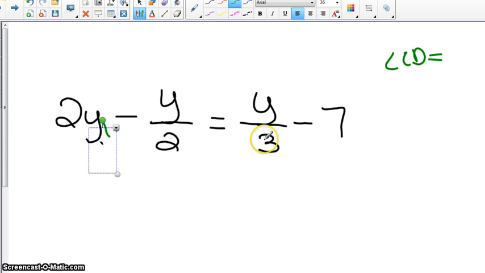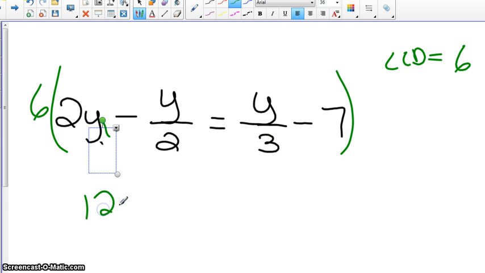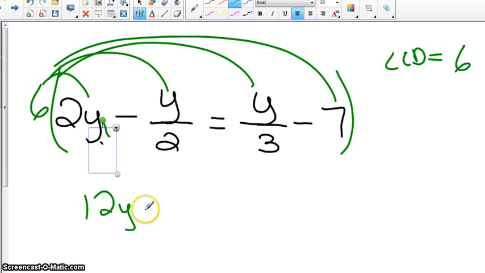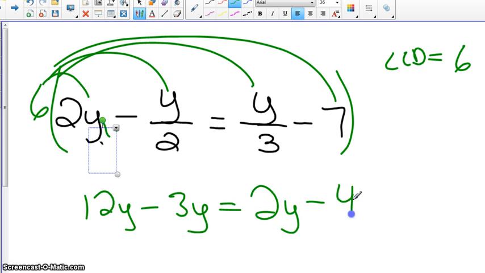And for 1, 3, 2, and 1, the LCD would be 6. So I multiply everything by 6. When I do that, I'm going to get 12y, just to show you, minus the 2 and the 6 are going to cancel to give me 3y. The 3 and the 6 are going to cancel to give me 2y minus 42.